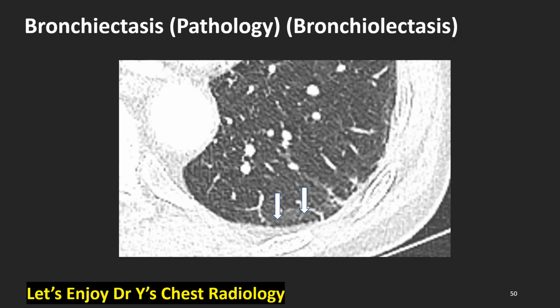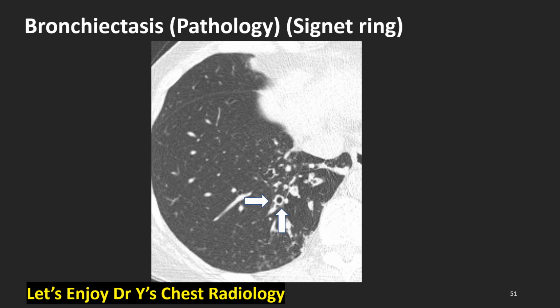Bronchial ectasis. Arrows indicate bronchial ectasis. Bronchiectasis pathology, signet ring. Arrows indicate signet ring sign of bronchiectasis in right lower lobe.